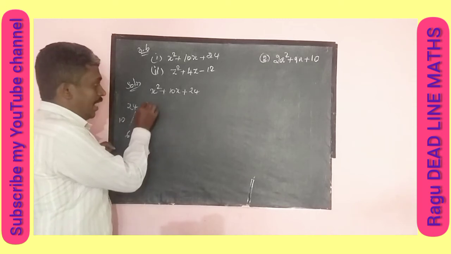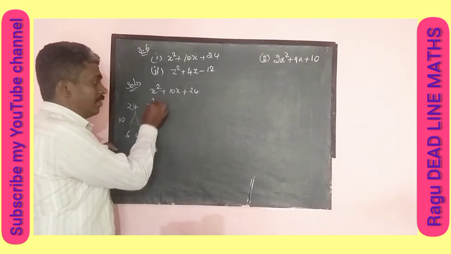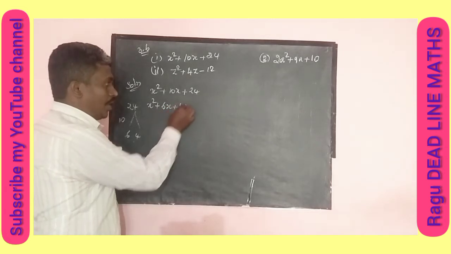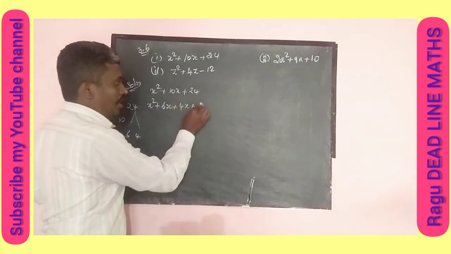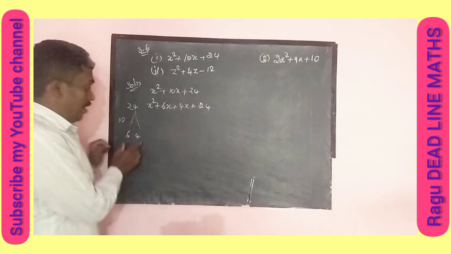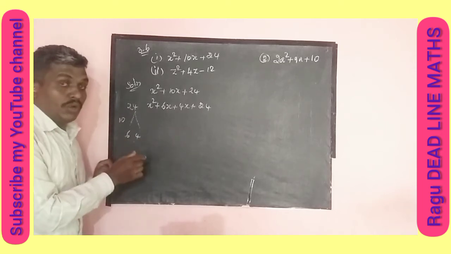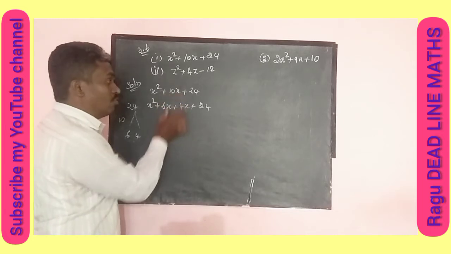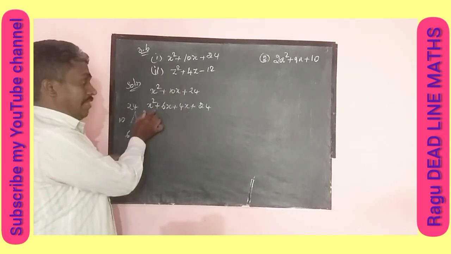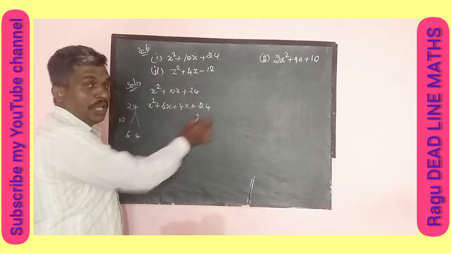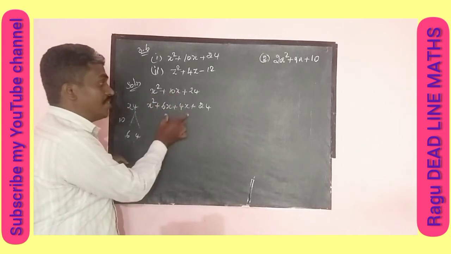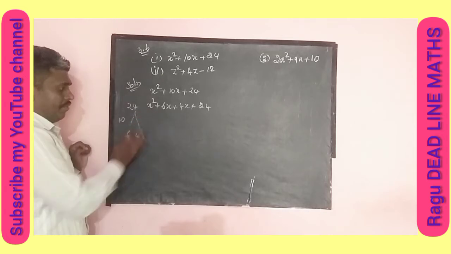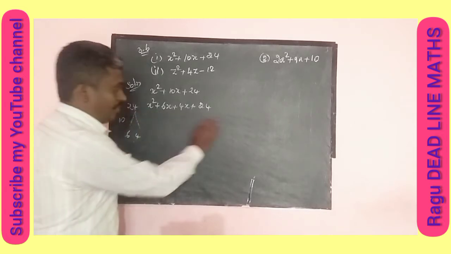See, x square plus 6x plus 4x plus 24. We write these two numbers instead of the coefficient of x only, not the x square, not the constant value. So the first step is over.